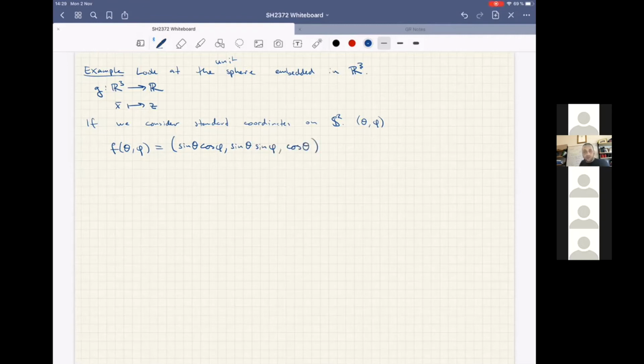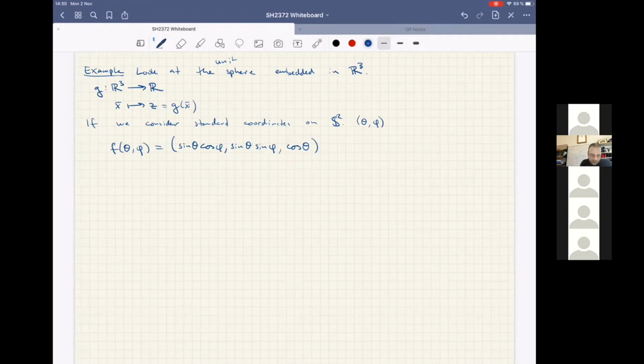So the composition here, since g, this is g of x, is picking out the Euclidean z coordinate, that would just be picking out this element.